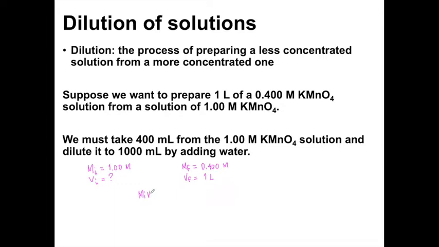So applying the formula, the I stands for initial and F stands for final. So we have 1 molar times VI equals 0.4 molar times 1 liter. And this will give us a value of 0.4 liter or 400 ml. That is why it says there we must take 400 ml from the 1 molar potassium permanganate solution.